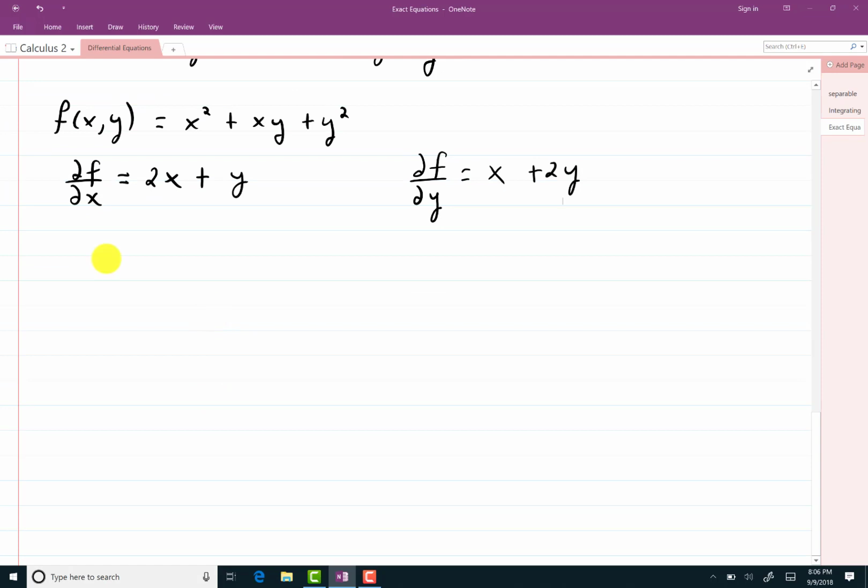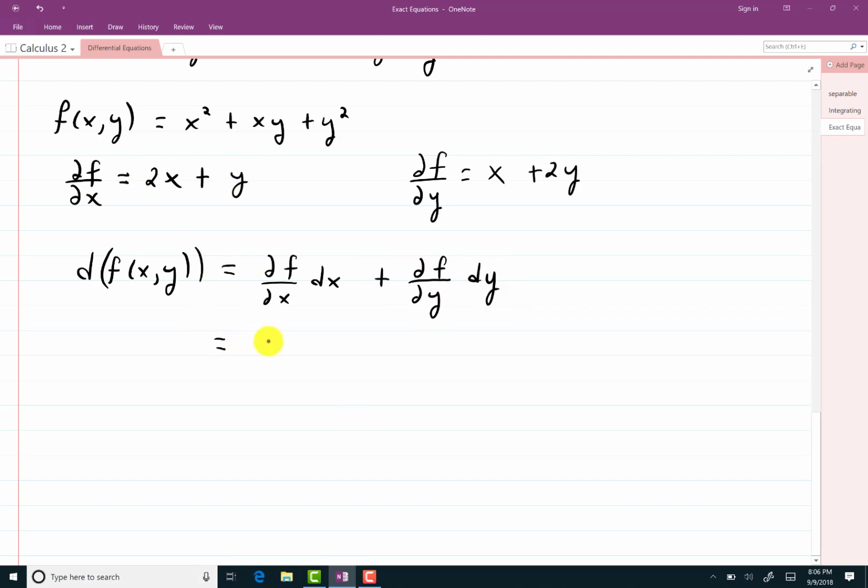Then to define the differential, well, just differential, it takes into account all the variables, and is given by this formula. The partial of f with respect to x times dx, and that's a regular d, plus the partial of f with respect to y dy. And let me go ahead and fill those in.